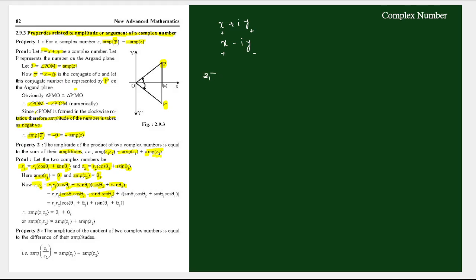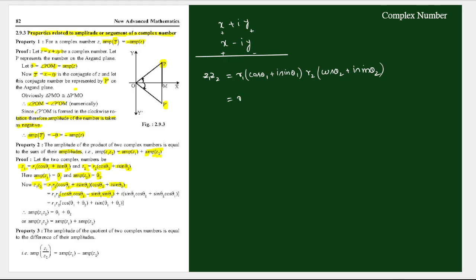So z1 z2 will be what? r1, the real part is cos theta 1, plus i sin theta 1, multiplied by r2 (cos theta 2 + i sin theta 2).